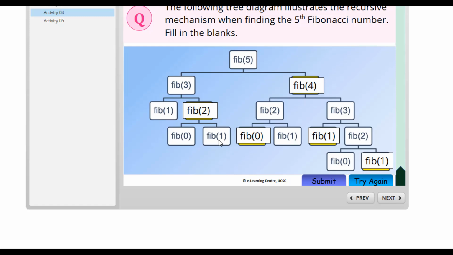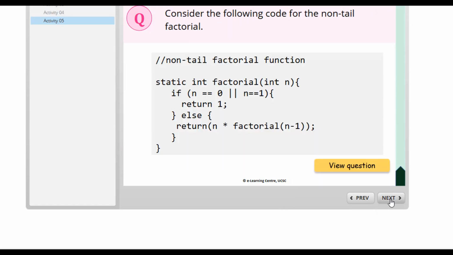So it will return 1, return 1, here 1, 1, 1, 1, 1, right? And then these get added and returned here, and then these get added and returned here. So the execution will go in reverse and return as well. Okay. Yep. So there you go.